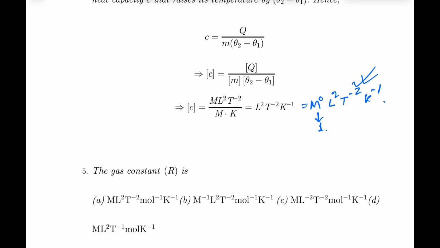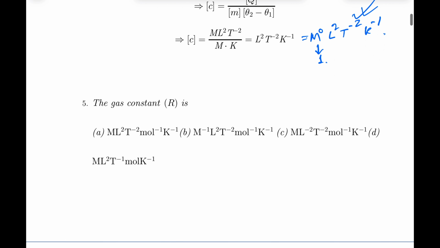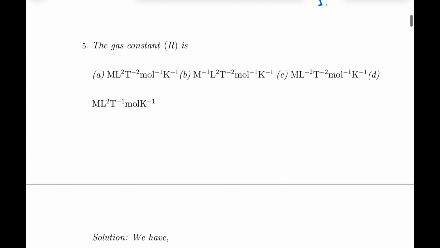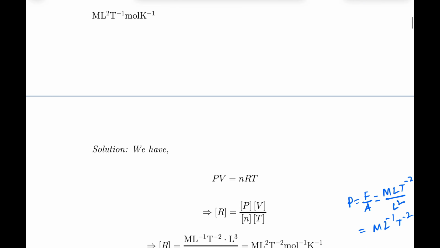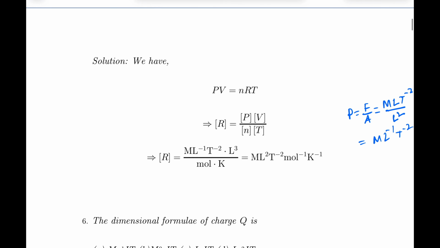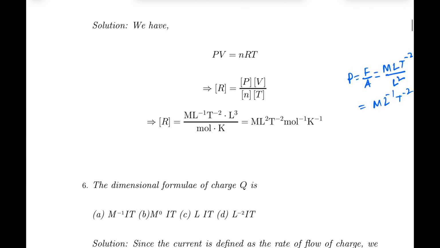In the next question, we have to find the dimensional formula for the gas constant R. Here also we have 4 options given, A, B, C, and D. From the gas law, we have PV equal to nRT, so R equal to PV upon nT. P is the pressure, and pressure is force by area.